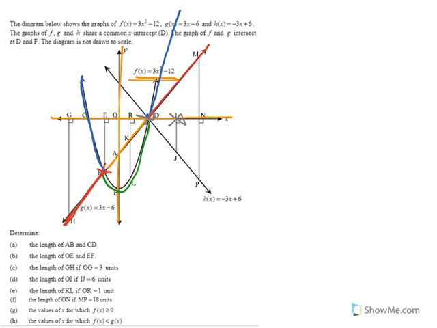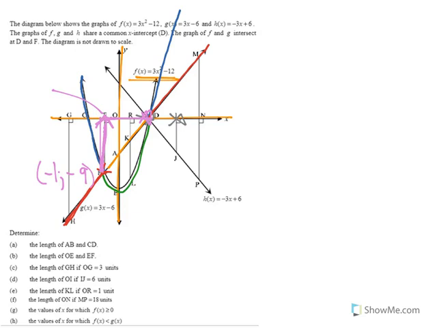So basically my area of interest is between these two, from this point of intersection up to the next point of intersection. And this point of intersection we found to be (-1, -9).